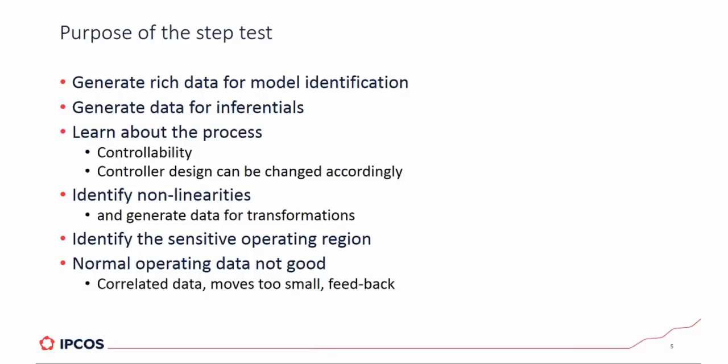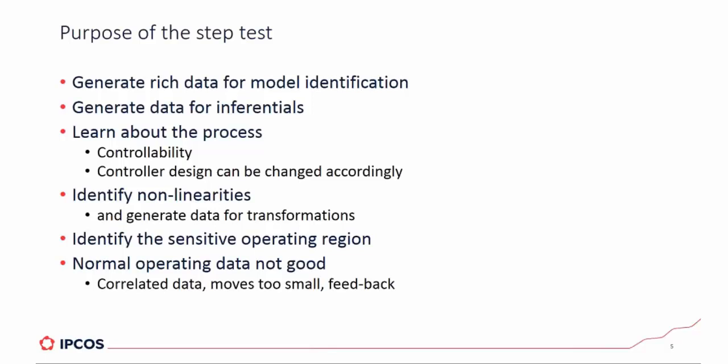Okay, so let's start on our topic. The first question that I would like to ask: what is the purpose of a step test? Mainly that is to generate rich enough data that we can use for model identification of our model-based predictive controller. It is also very useful quite often to generate data for inferentials.